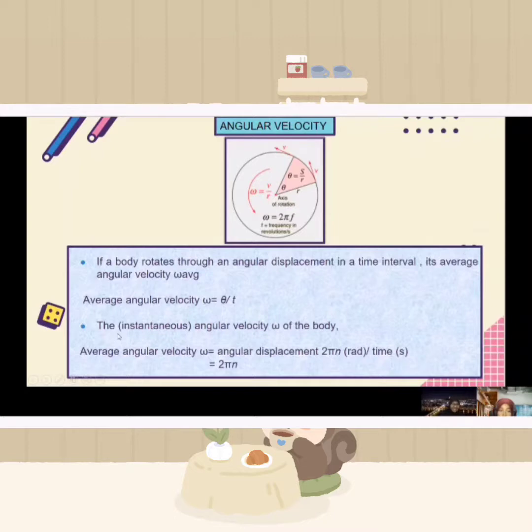The instantaneous angular velocity omega of the body. Average angular velocity omega equals angular displacement 2 pi n radian per time in seconds, equal to 2 pi n.